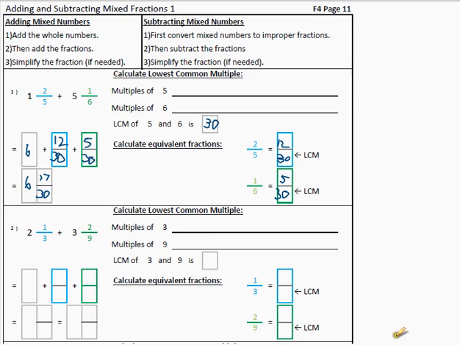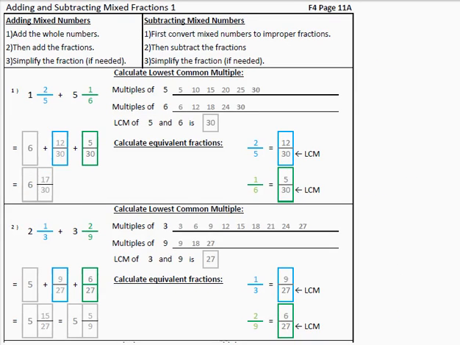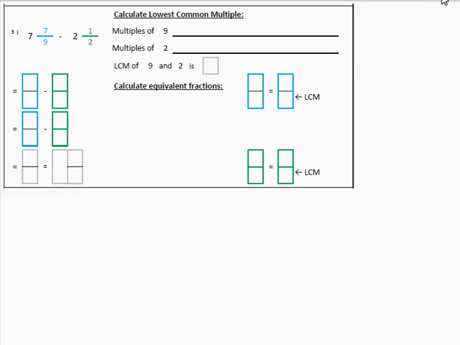Okay, pause the video, you do the next one on your own. There you go, there's the answers, please check them. Pause the video to check. Okay, now we're going to take away. I don't have the explanations here how to take away, it is in the workbook.